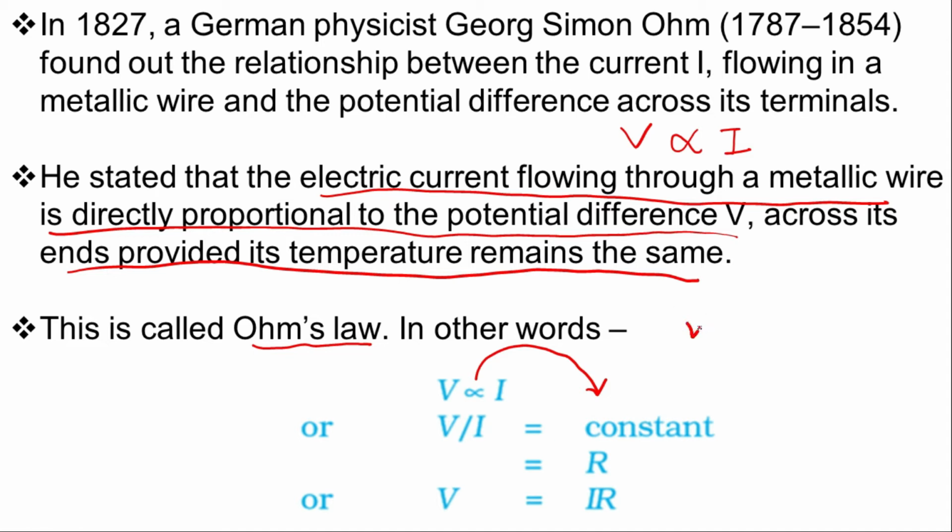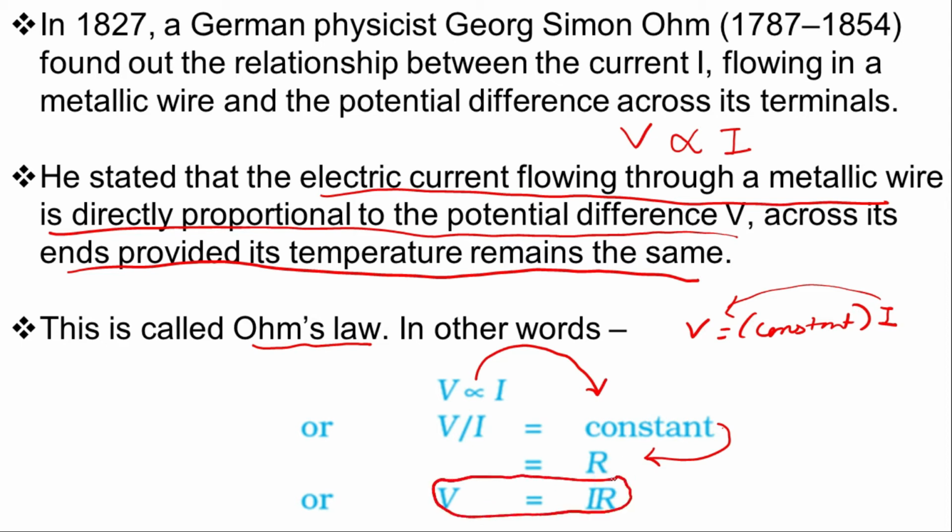So we can write this equation as V is equal to constant into I. Here the constant which we have taken is R, so we get V is equal to IR, which is Ohm's law. We can represent Ohm's law either using this equation or using this statement.